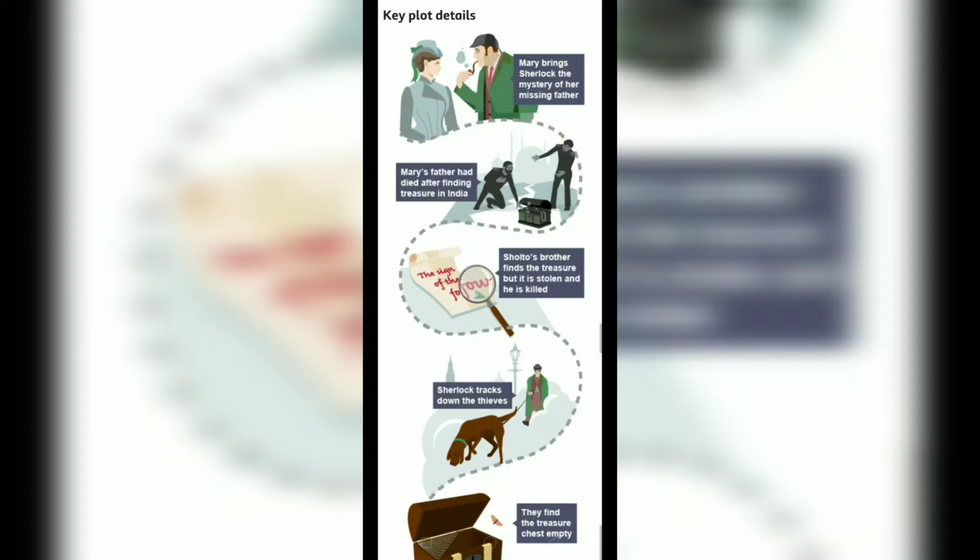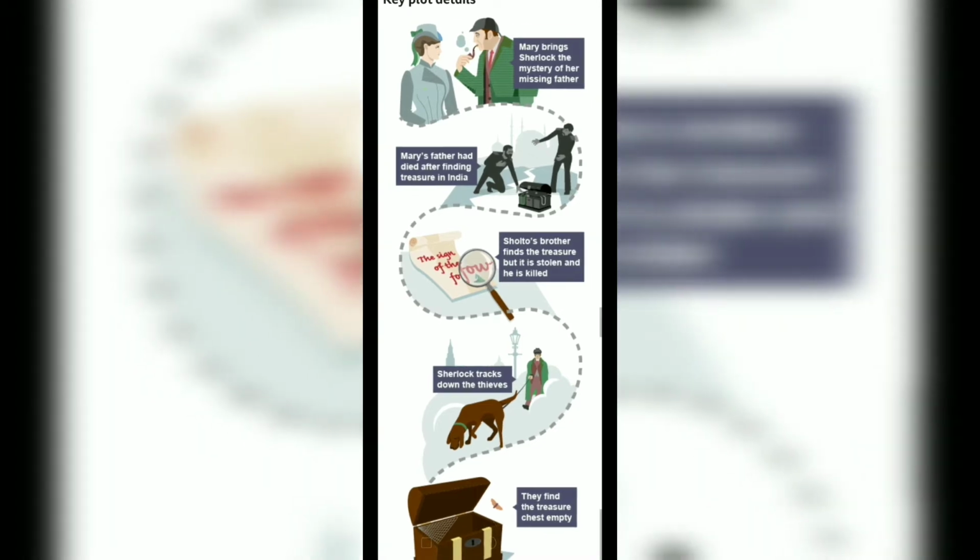So the novel begins when Mary brings Sherlock Holmes the mystery of her missing father. Mary's father had died after finding Agra treasure in India. Sholto's brother, that is Bartholomew, finds the treasure, but it is stolen and Bartholomew is killed.